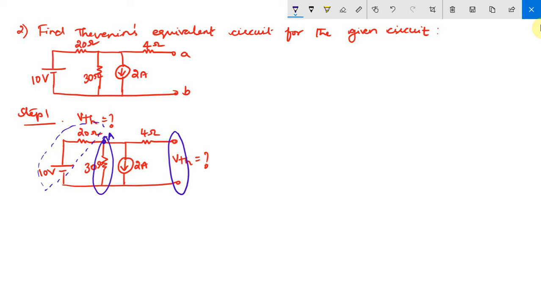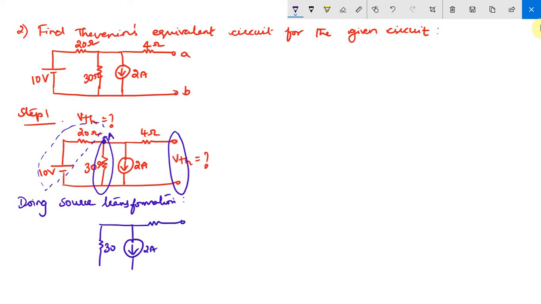Other than this 10 volt and 20 ohm, the rest of the elements in the circuit will remain the same: the 30 ohm, the current source of 2 ampere, and the 4 ohm.